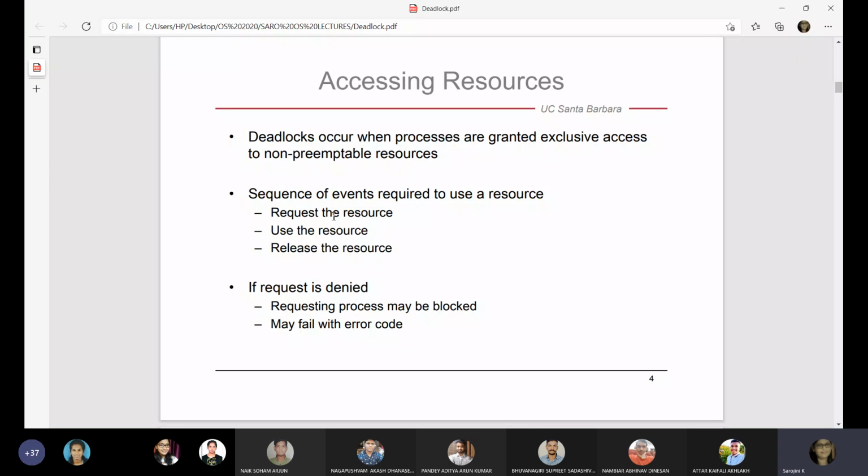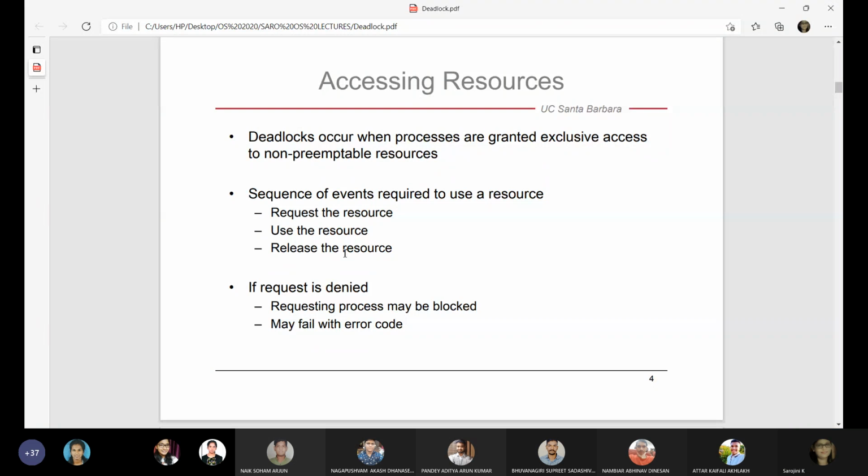If the resource is not available or is currently used by another process, then the requested resource cannot be allocated by the operating system. At that time the process will go to waiting state, waiting to acquire the resource. If it is possible, it will be allocated immediately. If it is not available, the process has to wait.